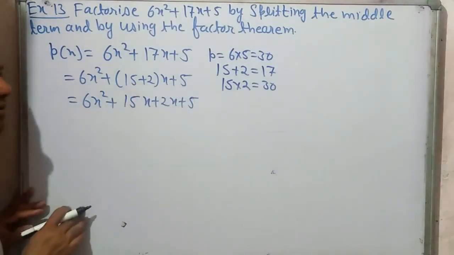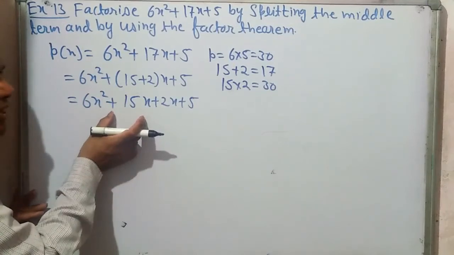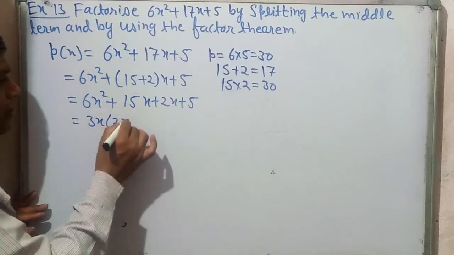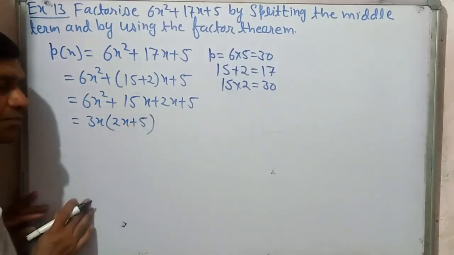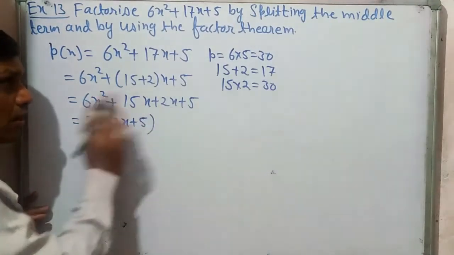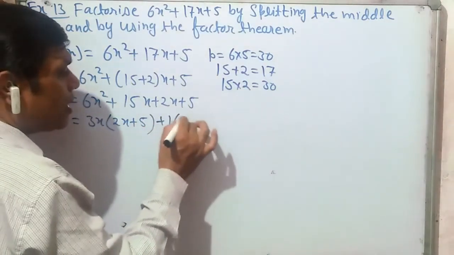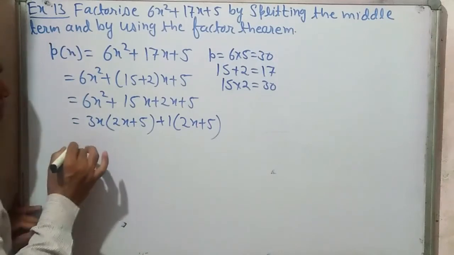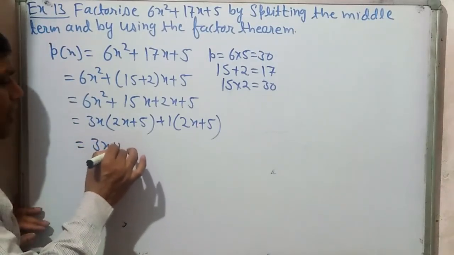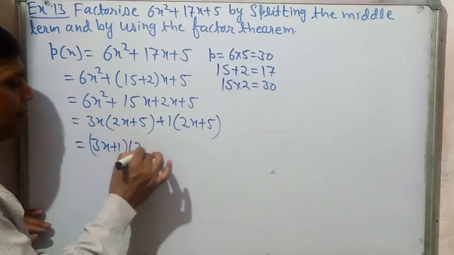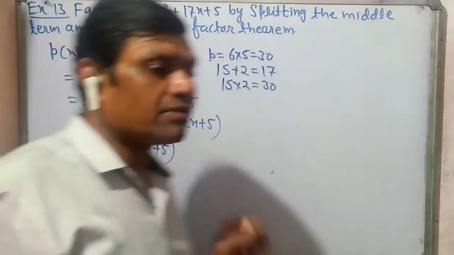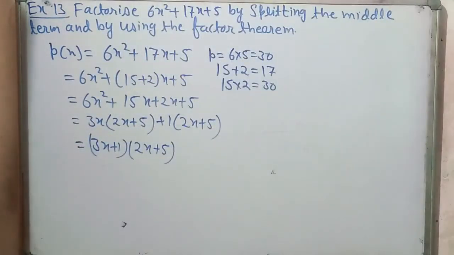Opening up the bracket, common out in these two is 3x twice x plus 5. Common factor is 1 only. So the factors are coming as (3x + 1) multiplied with (2x + 5). These two are the factors by splitting the middle term.